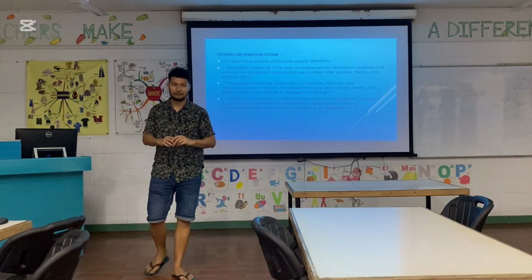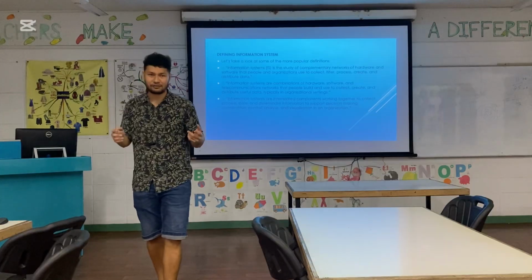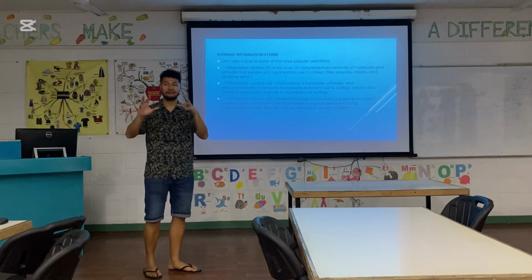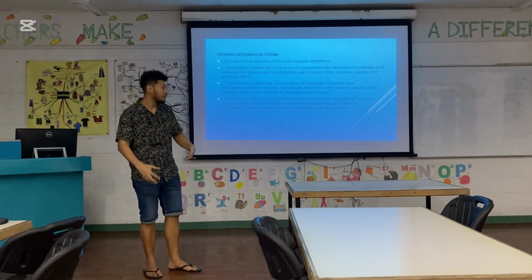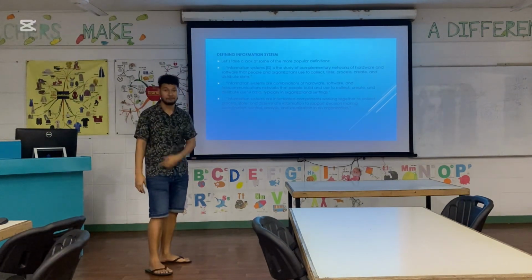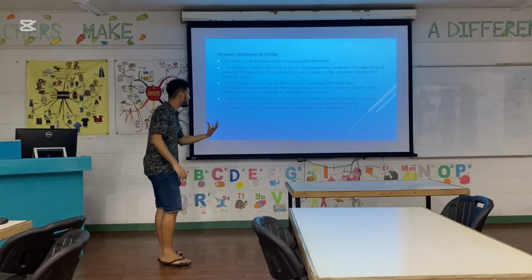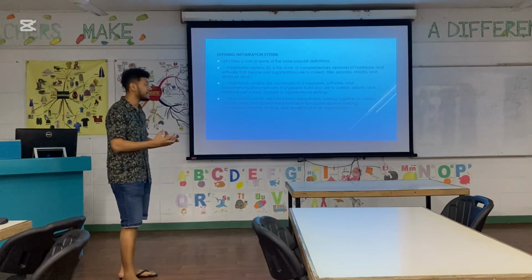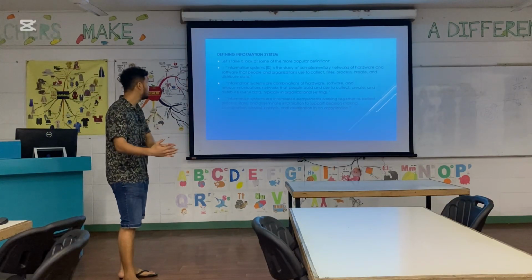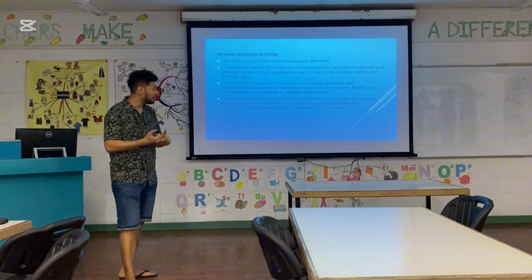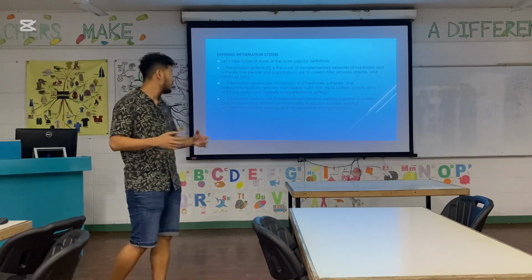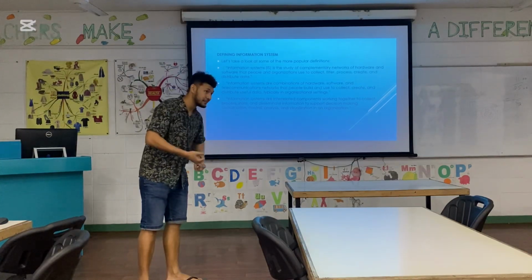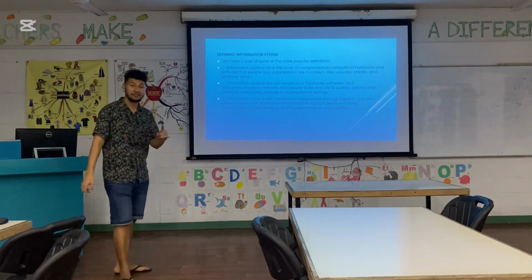Well, I believe since you are all IT students, you may have a brief idea of how people have described or defined information system. One definition says that information system is the study of the complementary networks of hardware and software that people and organizations use to collect, filter, process, create, and distribute data.